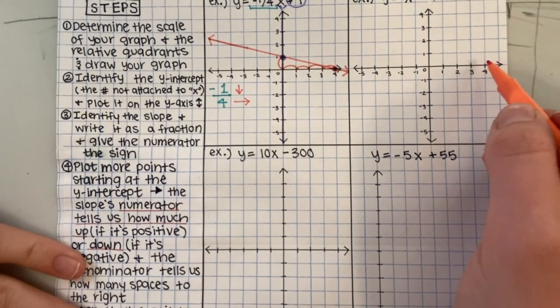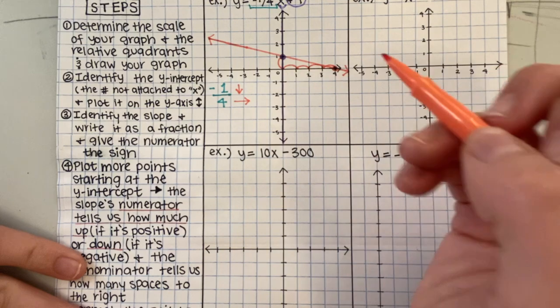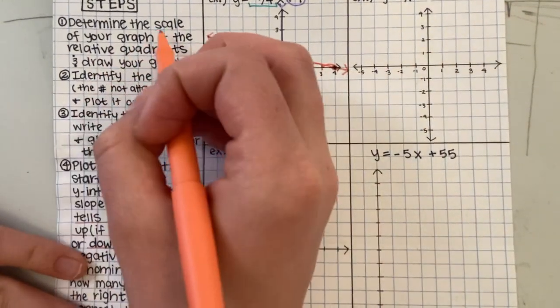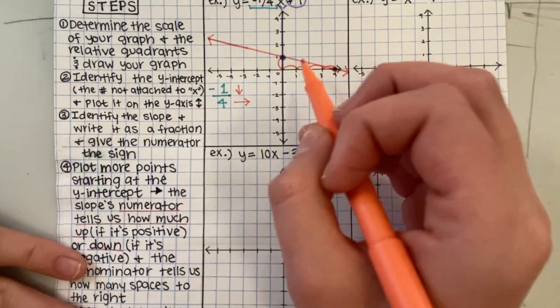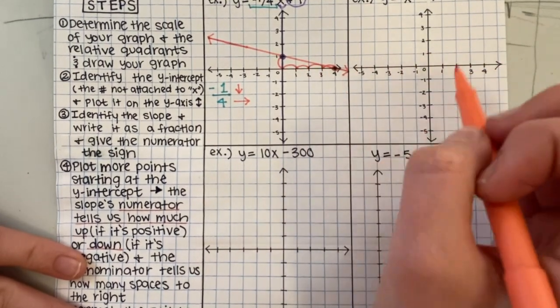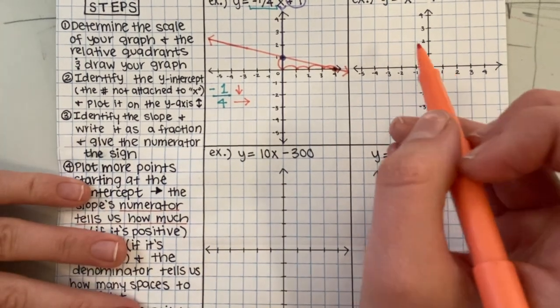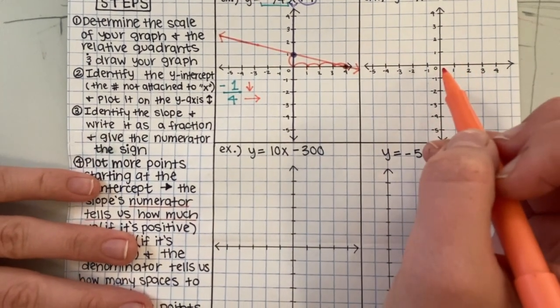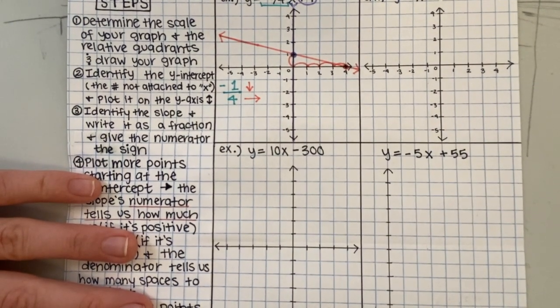So my next example is y equals x minus 1. Like I said before, our first step is to determine the scale. I've already written the scale for you for these first two examples, just so we can focus on the other 4 steps at the beginning. So my second step is to identify the y-intercept. My y-intercept is my number not attached to the x.